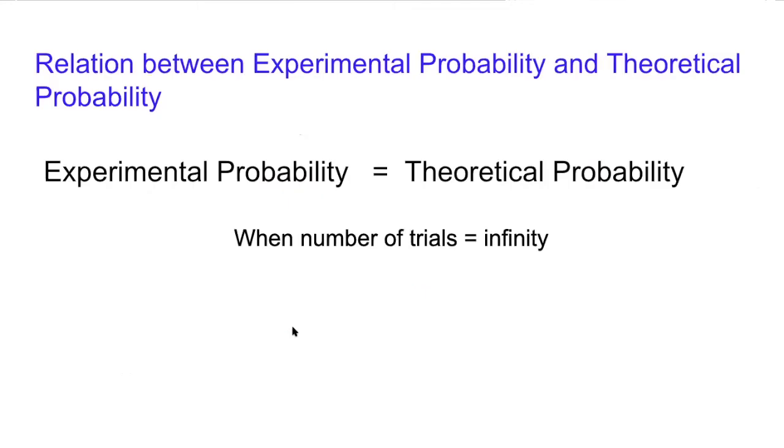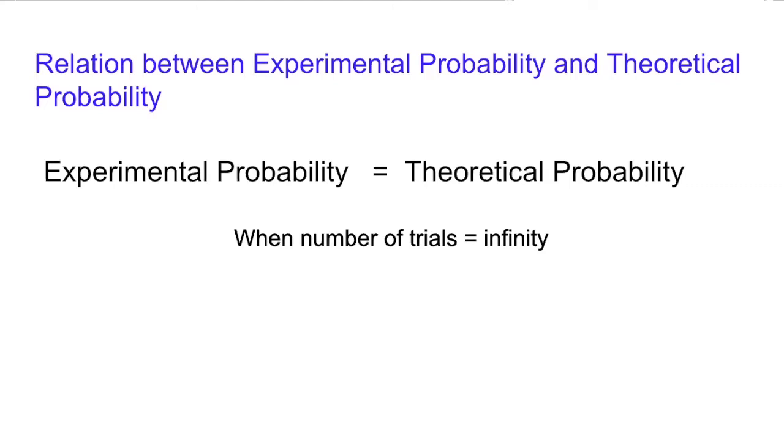Now one more thing that I have to tell you is, what is the relationship between experimental probability and theoretical probability? The problem with experimental probability is we don't know how many times to perform the experiment.